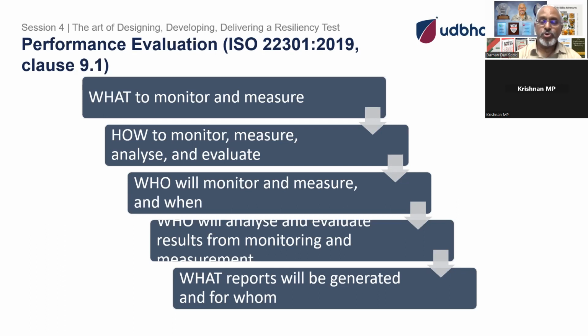So once again, if you go to clause 9.1 in the ISO 22301:2019 version, we will find the requirements of performance evaluation there. It is written in ISO 22301, which is for business continuity management. I'm repeating that these principles are valid for all other management systems also.